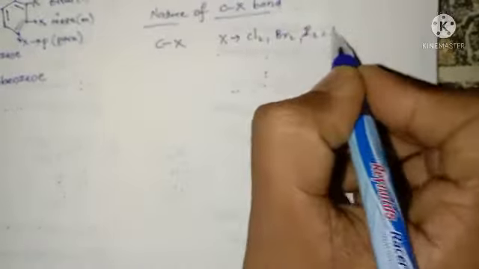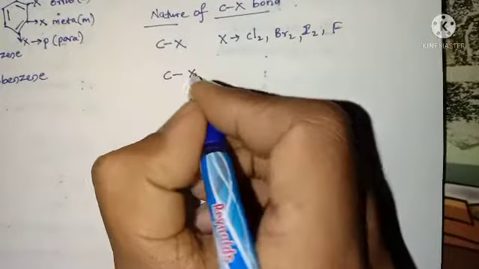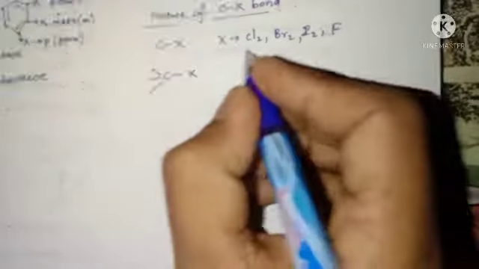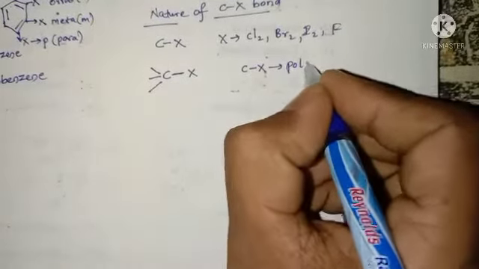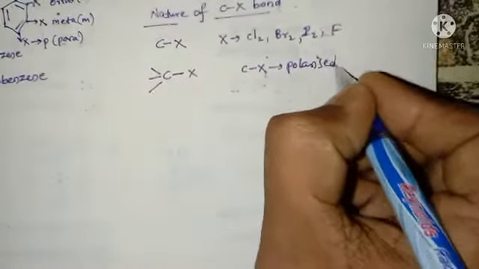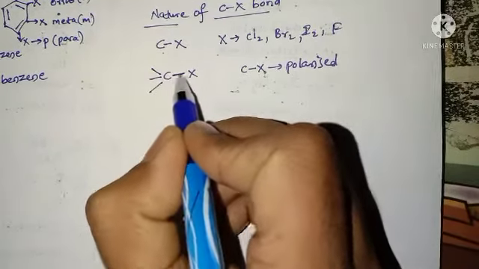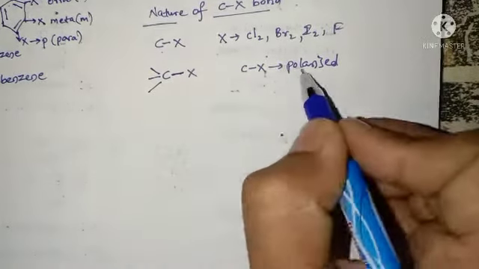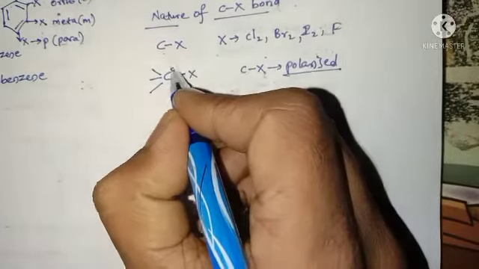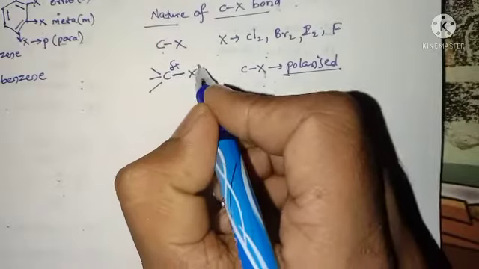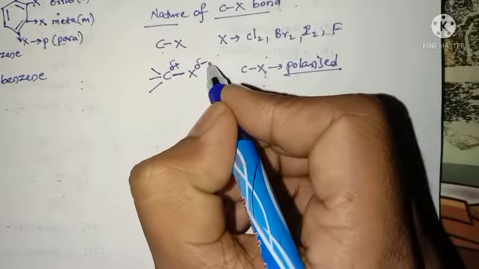These halogen atoms are more electronegative than the carbon atom. Because of this, the C-X bond is polarized. The carbon atom gets a partial positive charge and the halogen atom gets a partial negative charge.